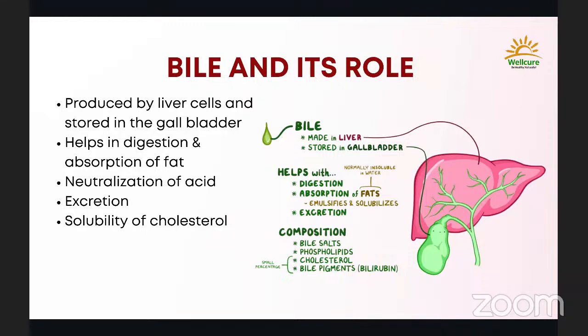The liver's most important function is to produce bile secretion, which is stored in the gallbladder, which helps in the digestion and metabolism of absorption of fat, and also neutralization of all the acids that are secreted in the stomach. So in that way, the digestive system becomes very efficient in order to run itself fully. It is also important for excretion of other important stuff that the liver doesn't want to store, and also solubility of cholesterol.